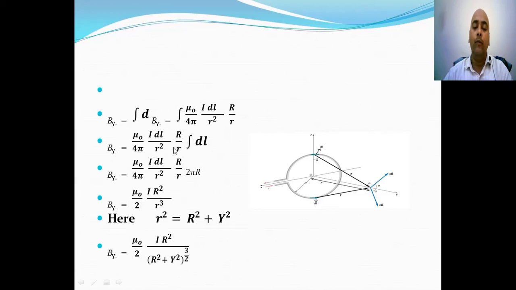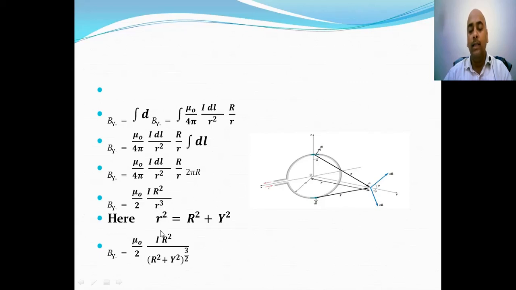To find the total magnetic field, we integrate over the total length dl, which is equal to 2πR, the circumference of the circle. From the geometry we can also estimate that r² is equal to Y² plus R².